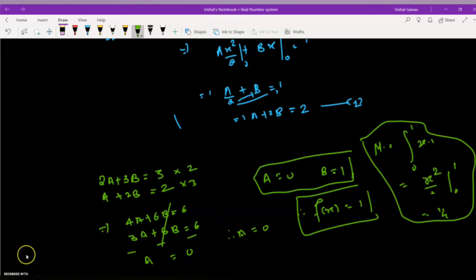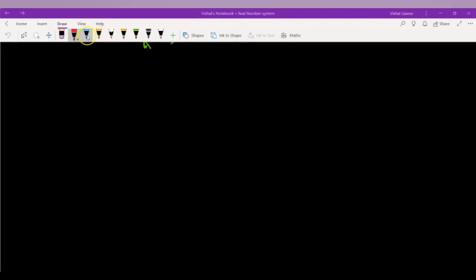Let's next look at mathematical expectations. So what are mathematical expectations? All right, let's see the definition.